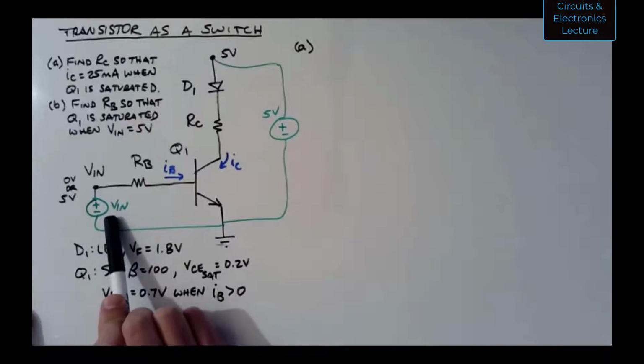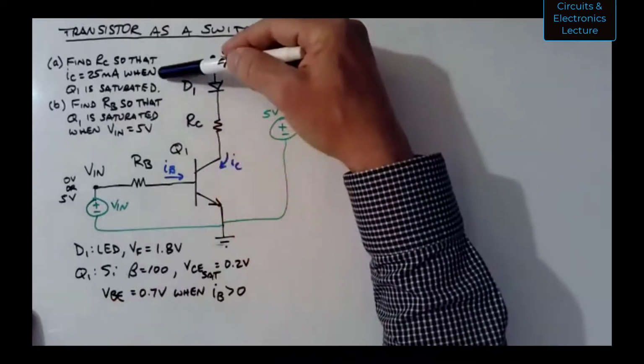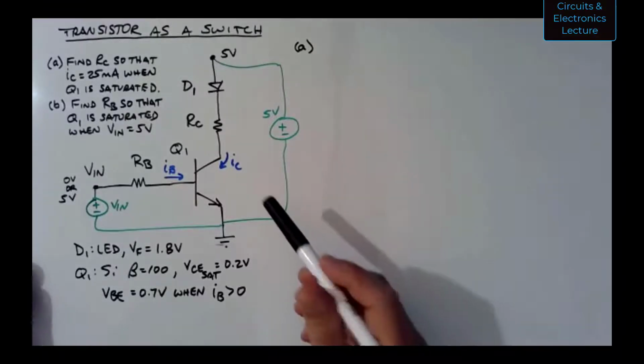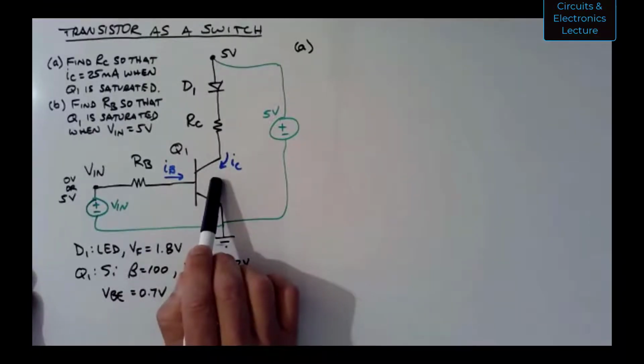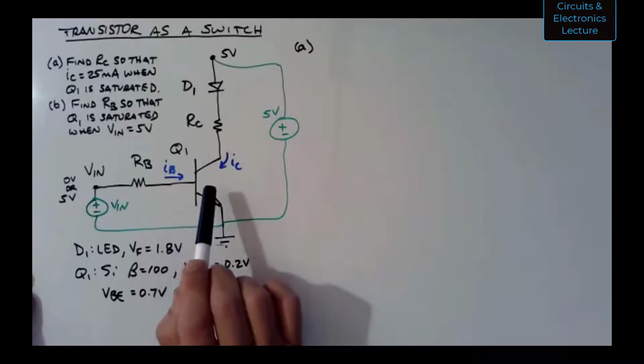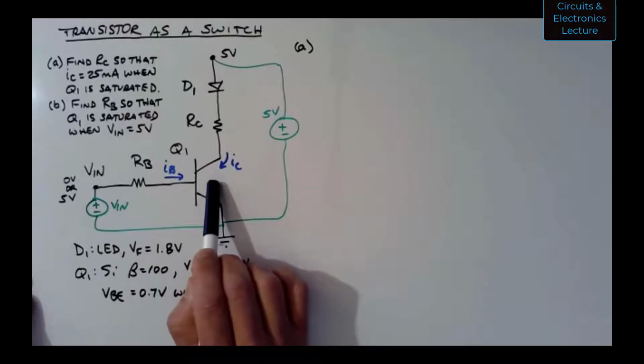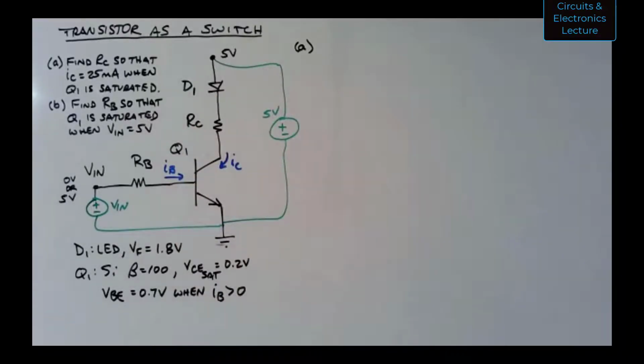It could output maybe 3, 4, 5, maybe 8 milliamps, but you'd be stretching it to get that much current. So to be able to control a lot of current with a little current, that's what a transistor does. I'm using this transistor as a switch. So I'm either going to have the transistor in cutoff, that means the switch is off, or I'm going to saturate the transistor and allow current to flow.